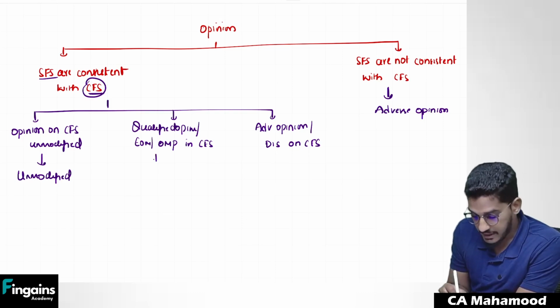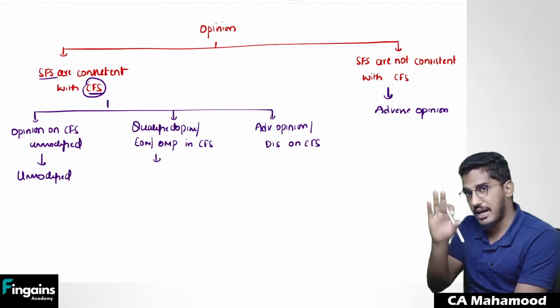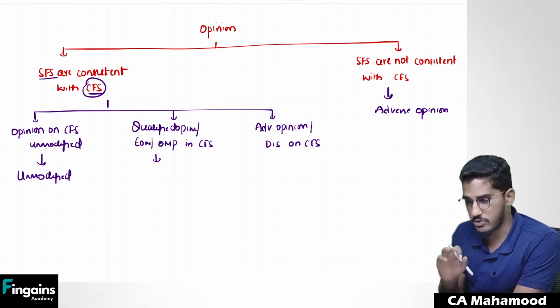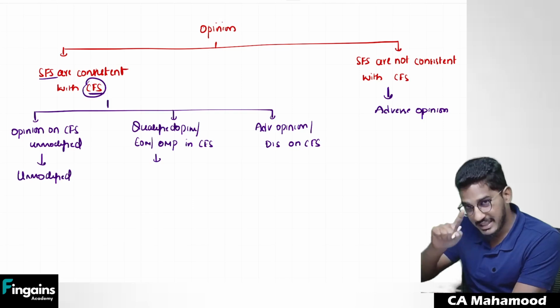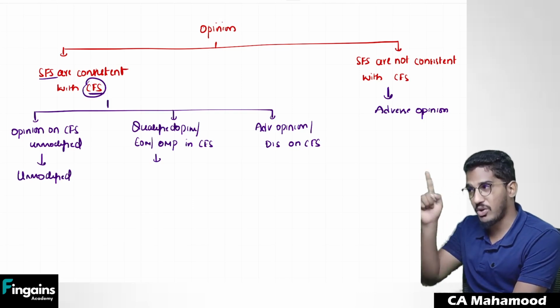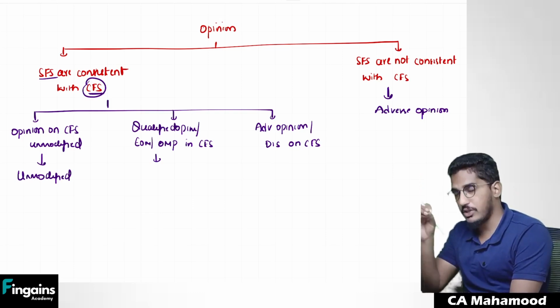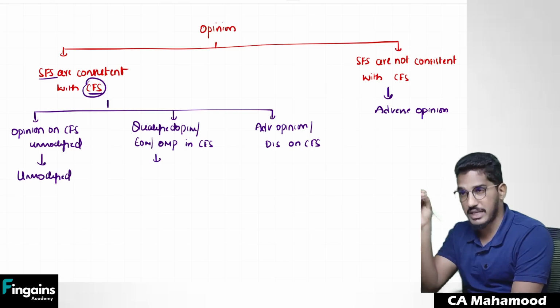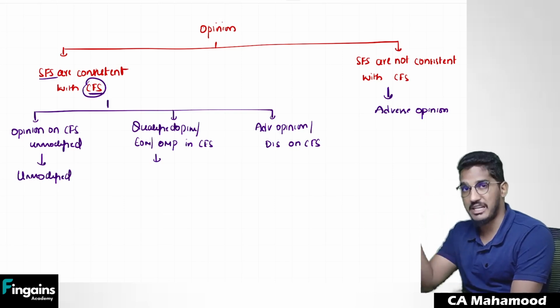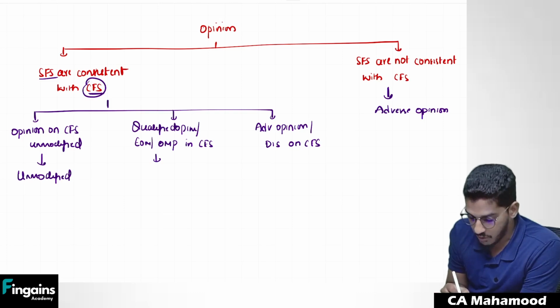Coming to the next case: the summary financial statements are consistent with the complete financial statements, no mismatch, but in the audit report of the complete financial statements, the auditor has given a qualified opinion, or has included either an emphasis of matter paragraph or an other matter paragraph. Then what should I do?